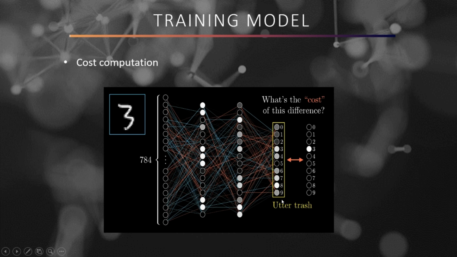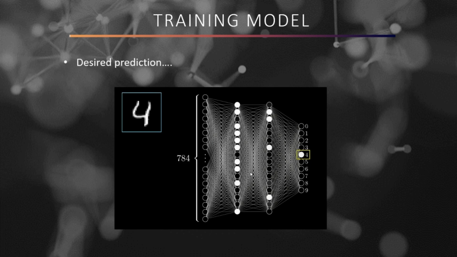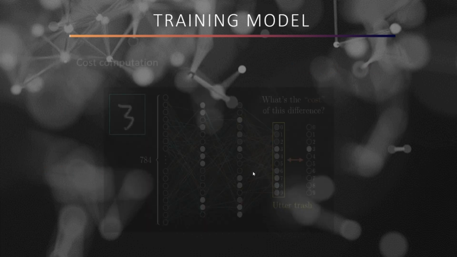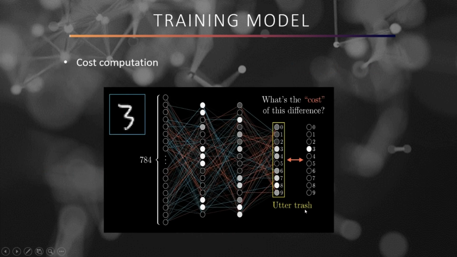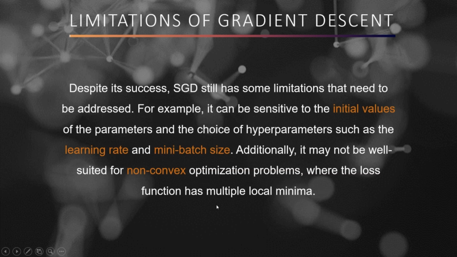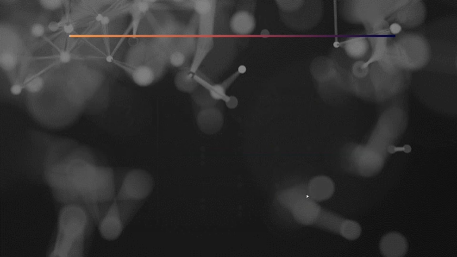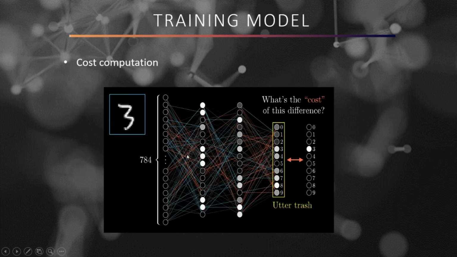But our task is to find the cost of these two values, and then we use the stochastic gradient descent to update the weights here according to the cost. Mathematics of the gradient descent will be discussed in the coming slides.